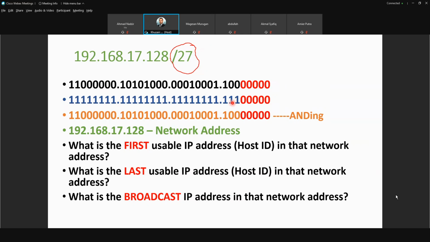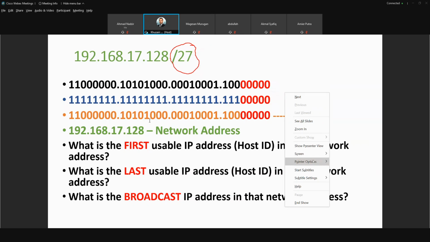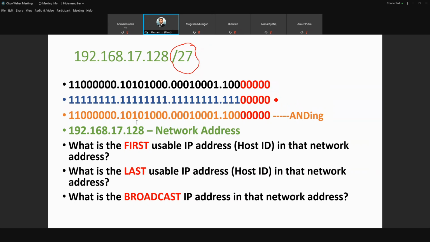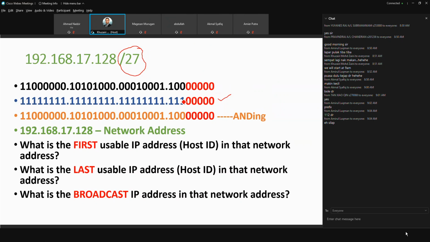Can anyone give me the value? When you convert this /27, you get 255.255.255.224.